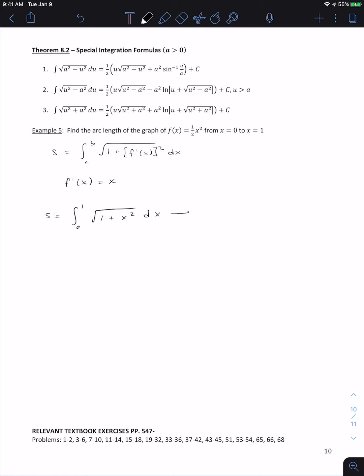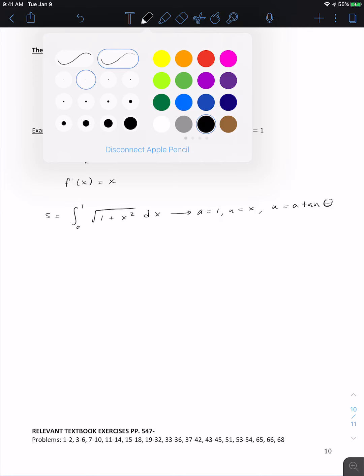So again, if I was being hateful, I'd say, okay, I need you to do the trig substitution, right? In this case, my a is equal to 1, my u is equal to x, and then I would need u equals a tangent theta to be my substitution, right? But again, we have these formulas here, so now I can use formula 3, right?